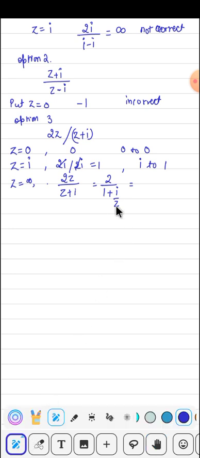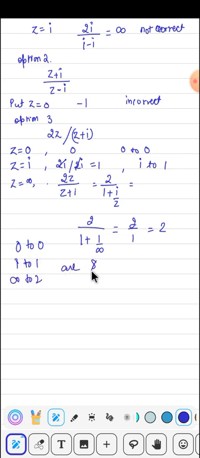Z value is infinity, so I am going to have 2 upon 1 plus 1 upon infinity, which gives you 0. So 2 upon 1, 2. So all the conditions, 0 to 0, iota to 1, and infinity to 2, are satisfied by option 3. So this is correct.